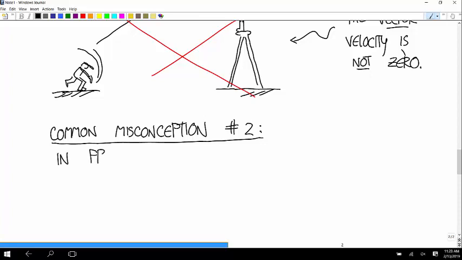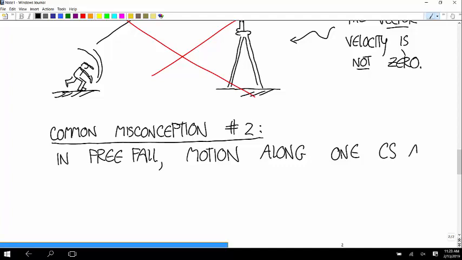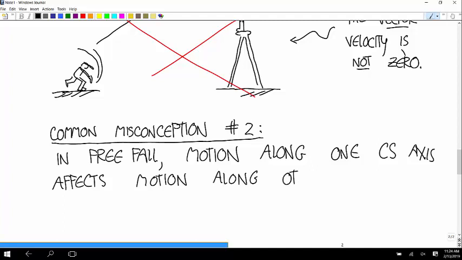In free fall problems, the motion along one axis, one coordinate system axis, affects motion along the other axis. That's not true.